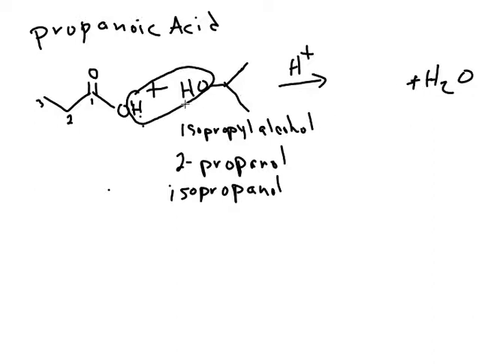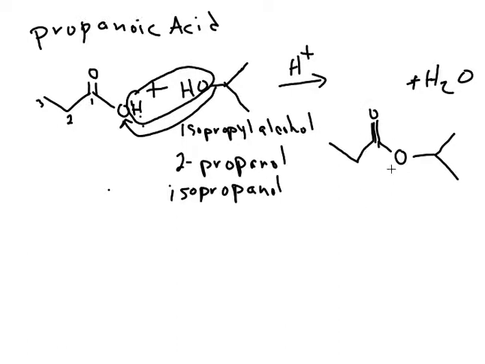So this H combines with the OH and we get water, and then this bond that was to the alcohol OH is going to now connect to that O. And so we simply make the new connection. I'm going to have to draw it down below because I didn't leave enough room. So we draw our carbonyl, bonded to an O. And now we bond it to the isopropyl group.